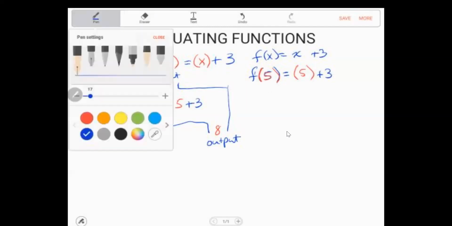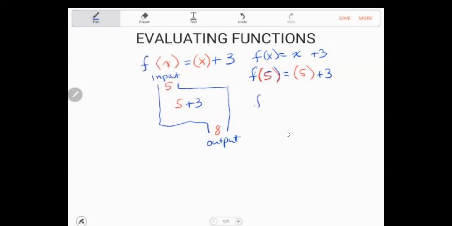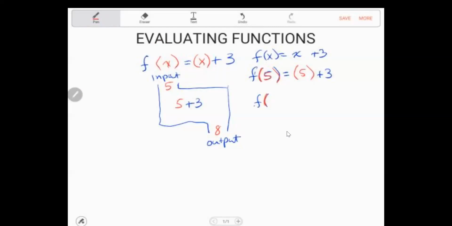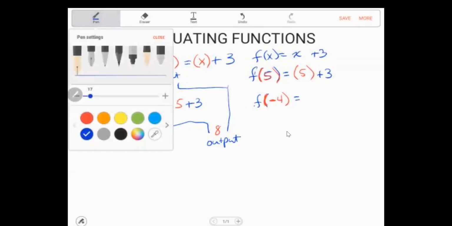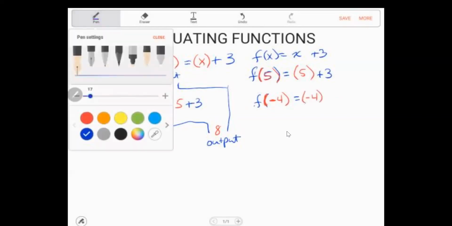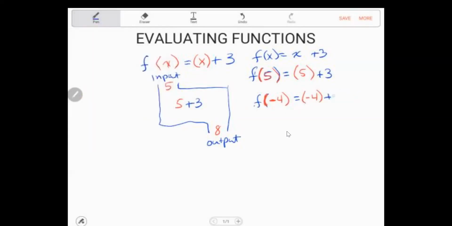Let's think of another example, just to make sure we're on the same page. You can put any number in here, because that was my function. I want to take any number, and I want that to be put in my function as input. So there's my input, and I'm going to add 3 to it.